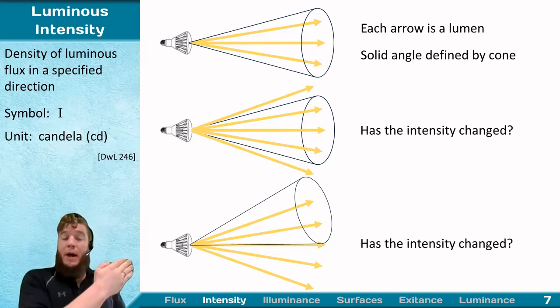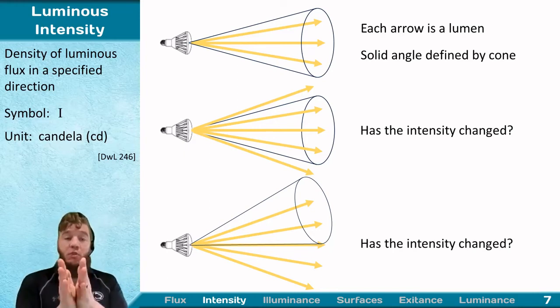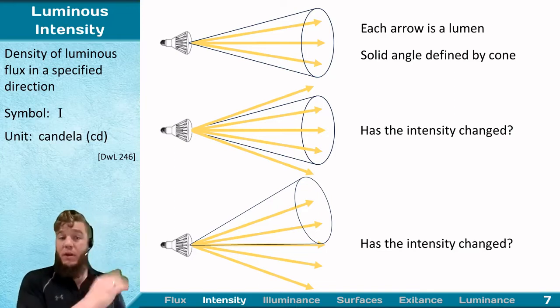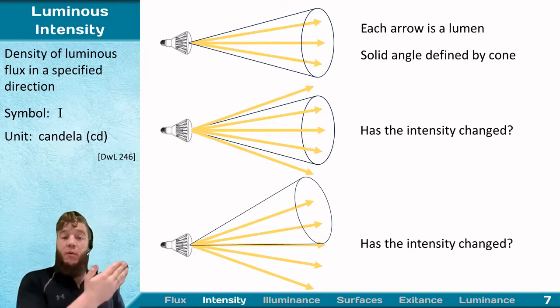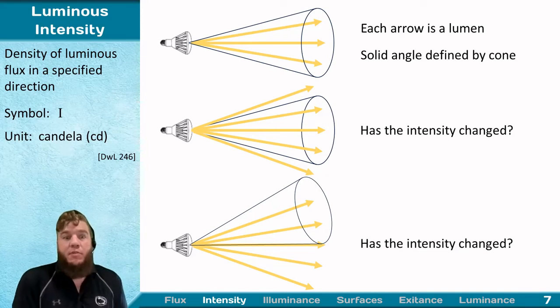On to the bottom example, what we did is we changed the direction of that cone so that it contained a different amount of luminous flux. In this example, we only have 2.5 arrows, so roughly 2.5 lumens contained in that solid angle.